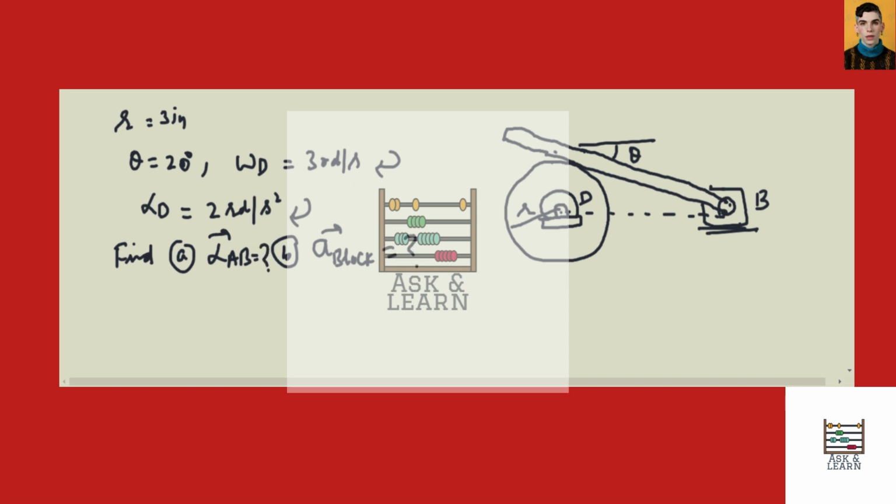Let us start solving. We will use this vector notation. This is to be considered i cap, this is j cap, counterclockwise k cap. So pay attention.